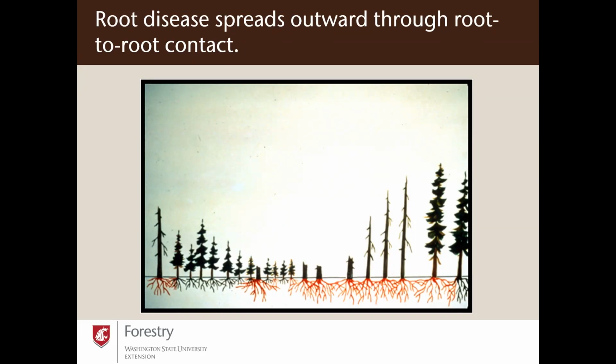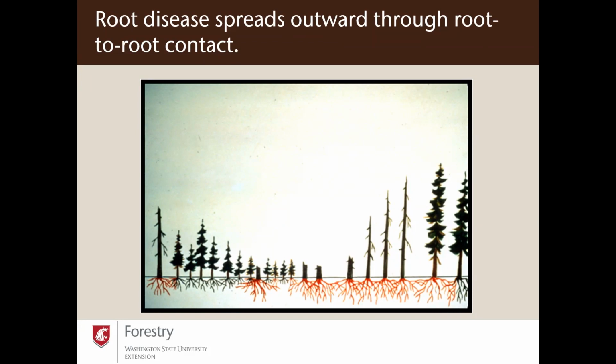The red represents infected roots with a root disease. And then outside of that, we see some snags. Moving to the right, the next to the last tree on the right has some yellow in it, so it's not looking so good. It's starting to have that thinning crown and chlorosis, and then the one next to that looks pretty okay so far.